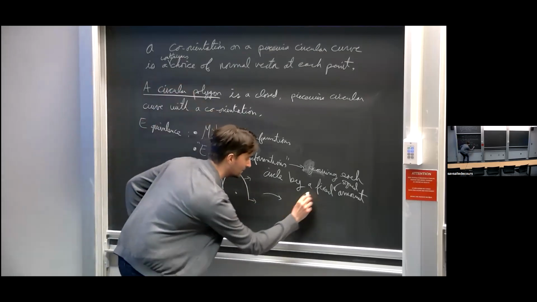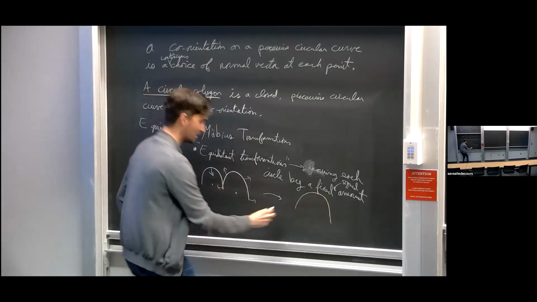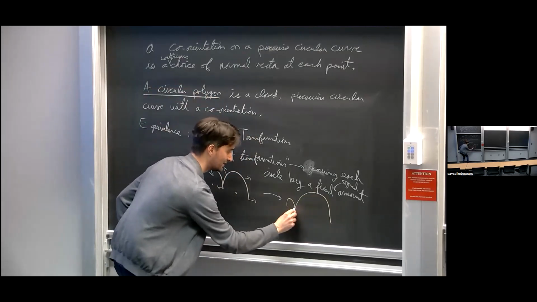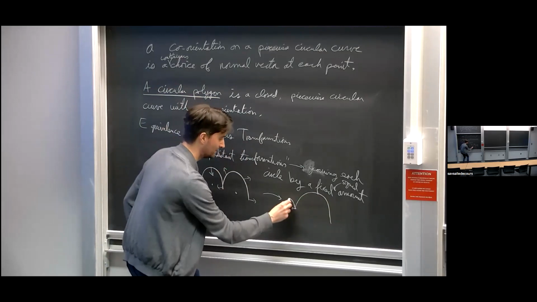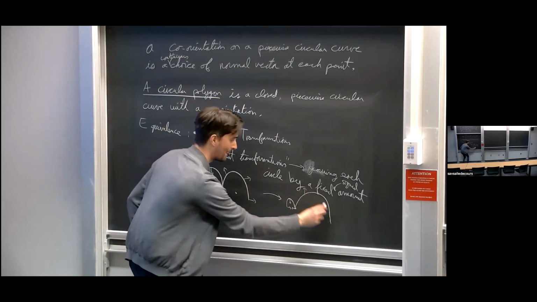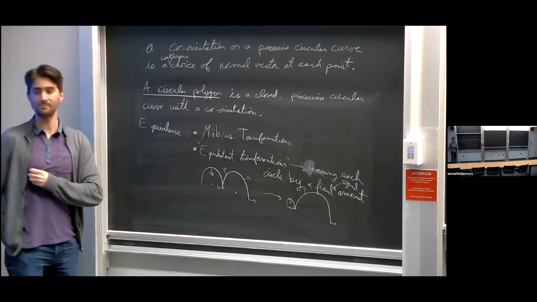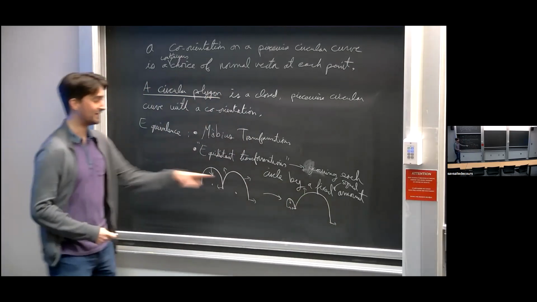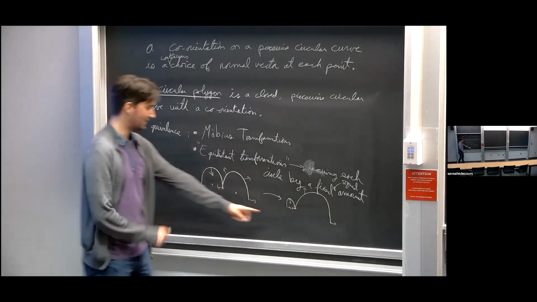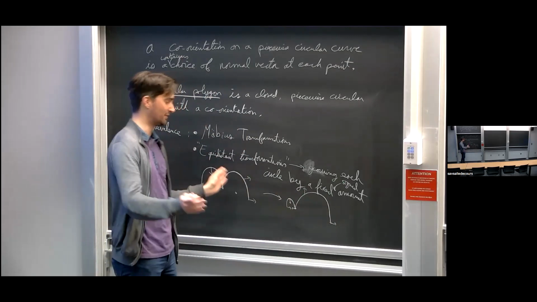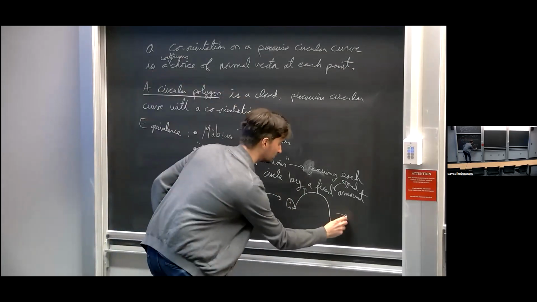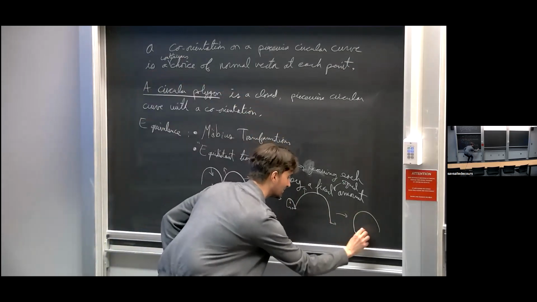So it will grow the one on the right, but shrink the one on the left, and so they stay tangent at the place where they intersect. And if I keep going, eventually this one will shrink to a point and reverse. And I'll end up with something like this.